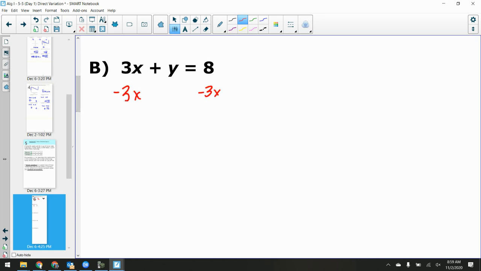So that will get me y equals negative 3x, and I'm going to put the x first, and then a positive 8. Negative 3x plus 8. Do you see how there is a plus a number? Then this is not a direct variation. Y does not vary directly with x.